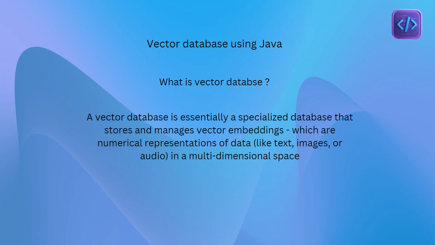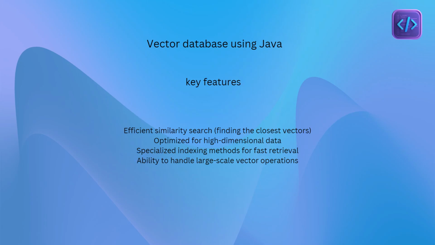For example, if you have the sentences "I love dogs," "I like puppies," and "the stock market crashed," then when converted into vectors, the first two would be mathematically closest to each other compared to the third, because they have similar meanings. The key features that make a vector database special are efficient similarity search, most probably cosine similarity search, finding the closest vectors.